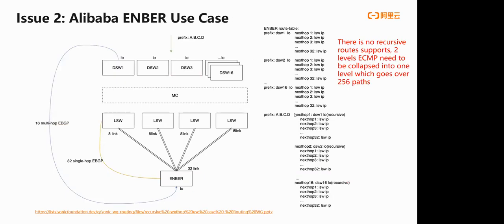The other issue we saw last time from the Alibaba case is the recursive route support. As of today, we don't have good recursive route support, so we need to flap the routes once we go into either the kernel or the FPM. Flapping these recursive routes introduces a huge number of paths, which is where we see over 256 paths.